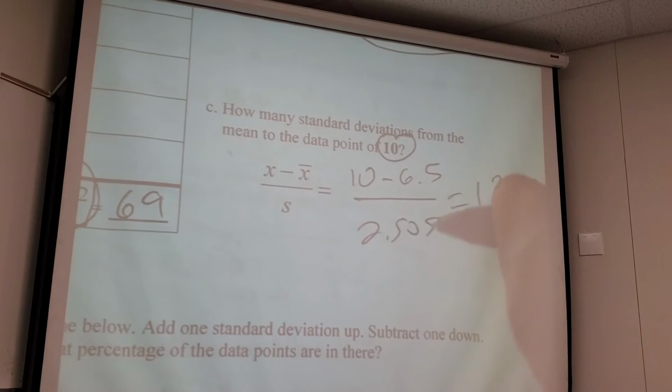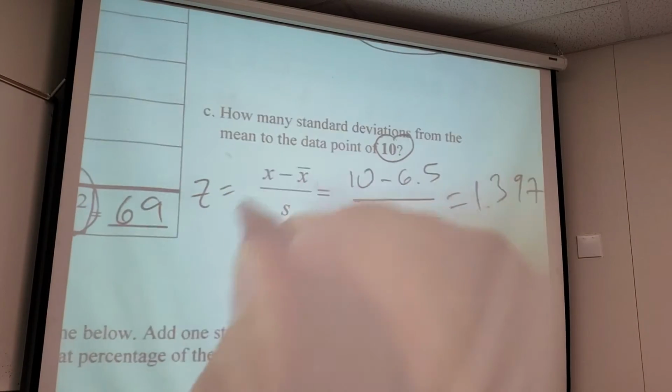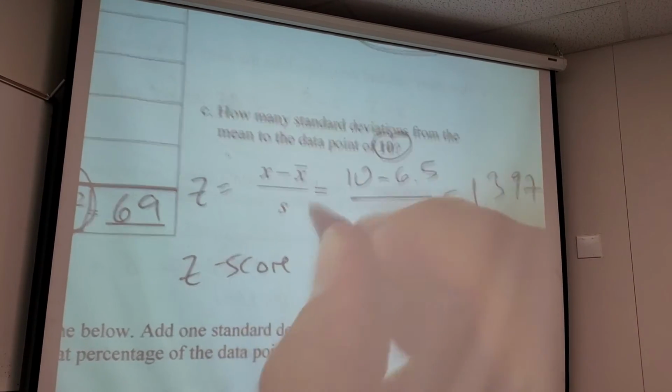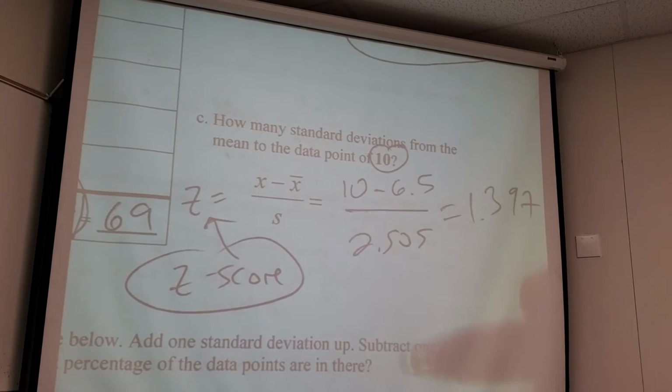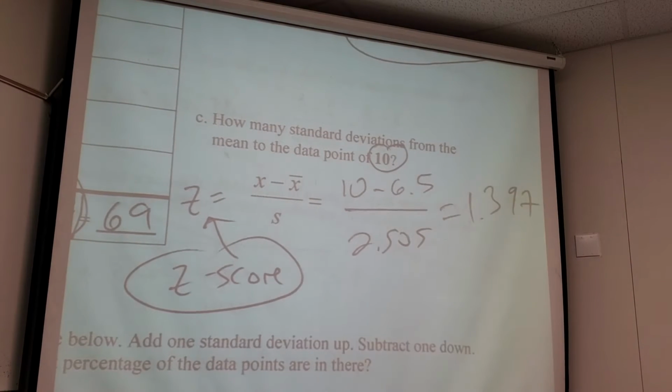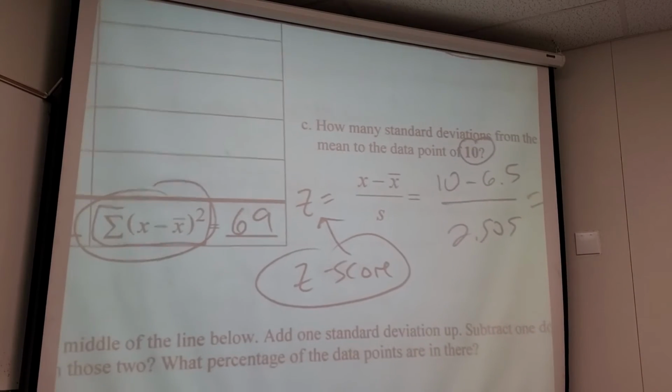All right, so this will become much bigger later this semester. Right now I'm just going to tell you, this is what's called a z-score. A z-score tells you the number of standard deviations from the mean to a data point.